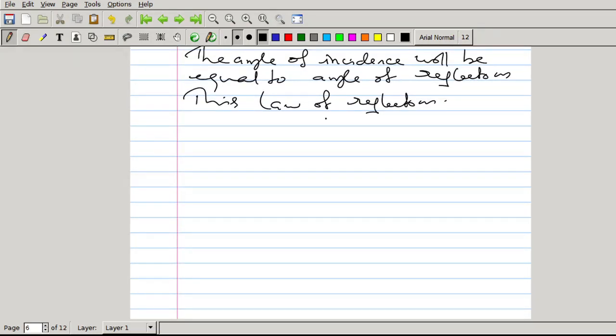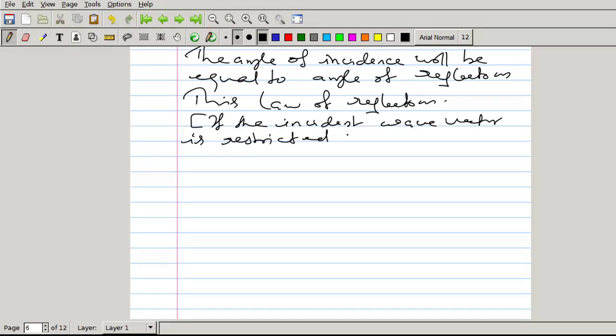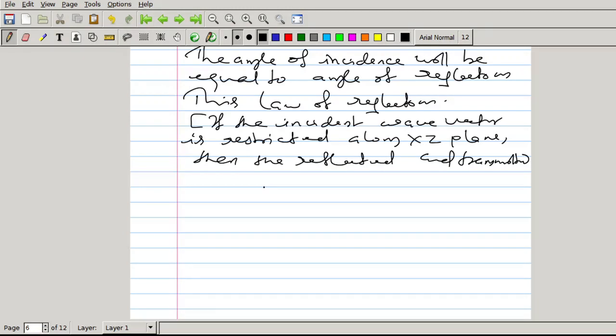So from equation 12, we can conclude that if the incident wave vector is restricted along the xz plane, then the reflected and transmitted wave vectors are along the xz plane. That gives the second statement.